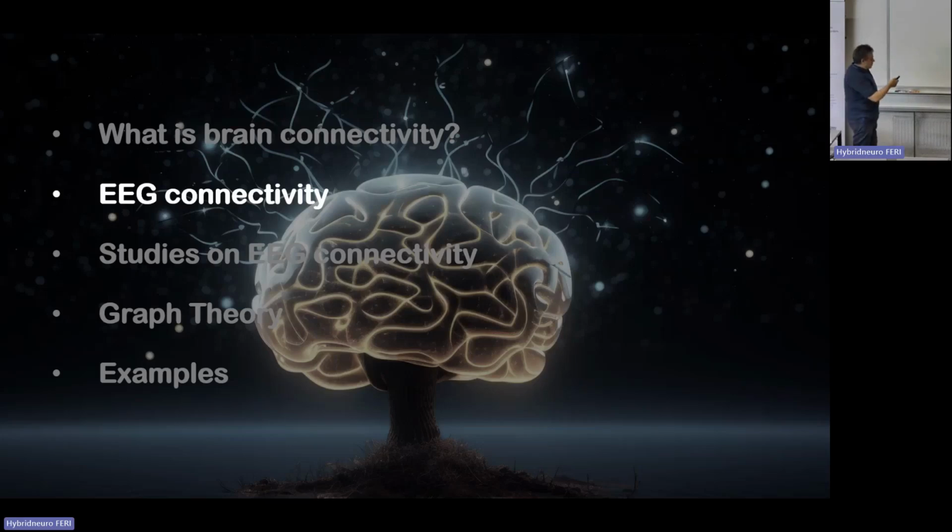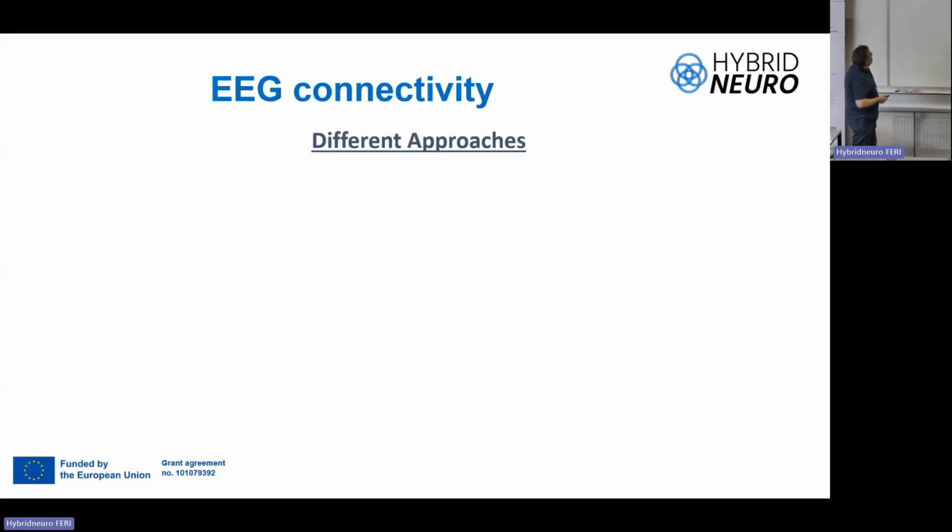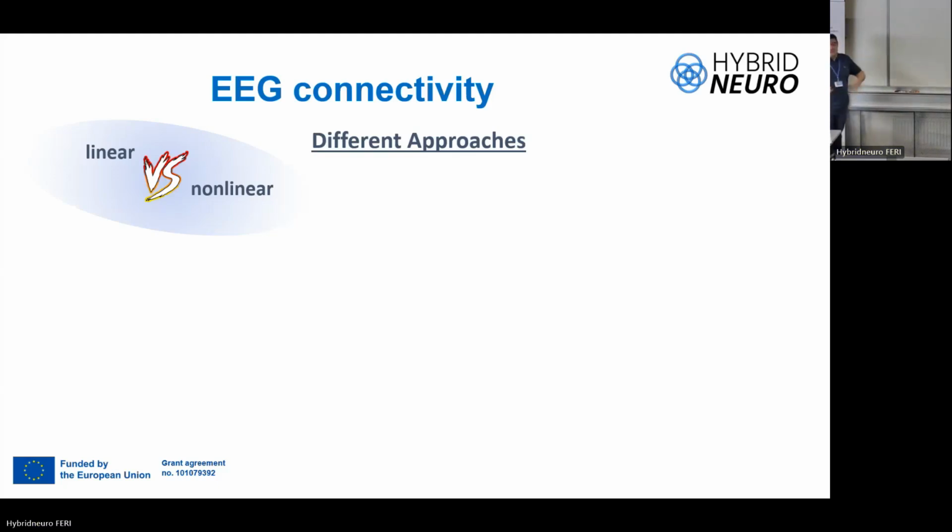So we'll try to explain some techniques about EEG connectivity. There are different approaches. The session is recorded, but in any case, I can say that there are, I don't know, hundreds, but dozens of techniques for analyzing connectivity, and sometimes with opposite results.